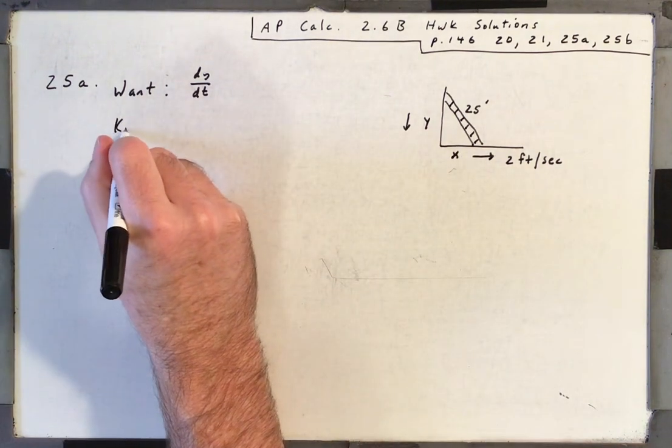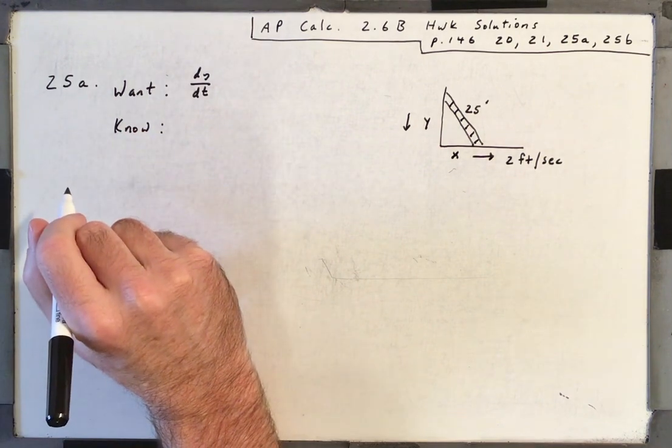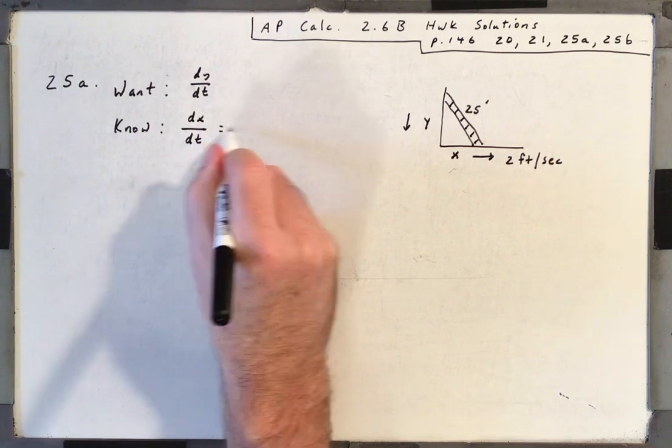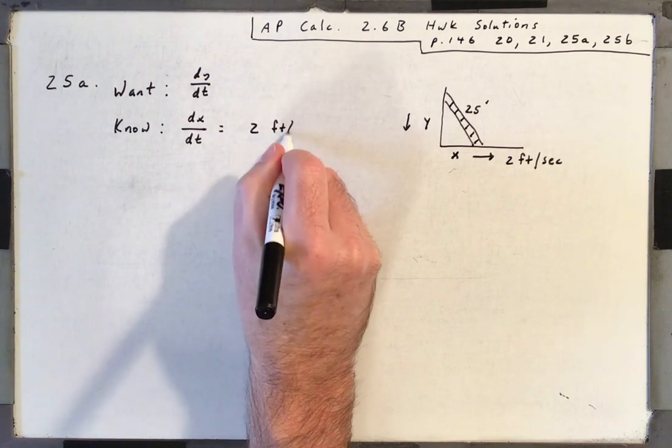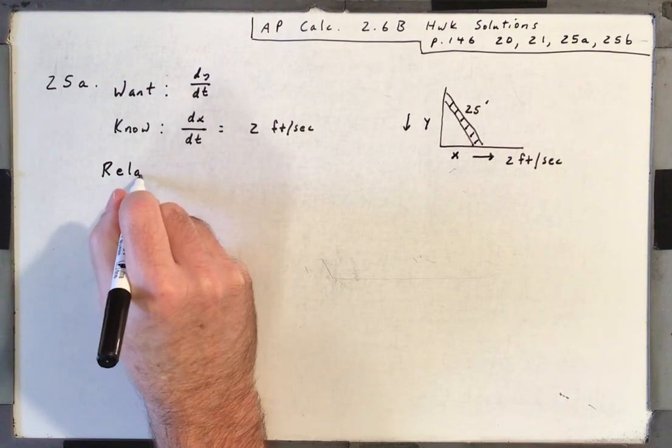What we know is that dx/dt is equal to 2 feet per second. And no fancy formula here.